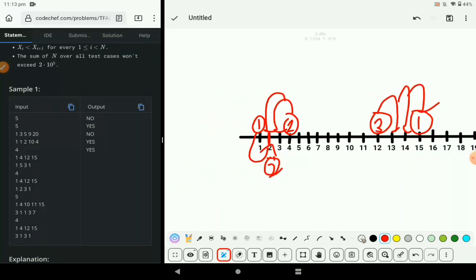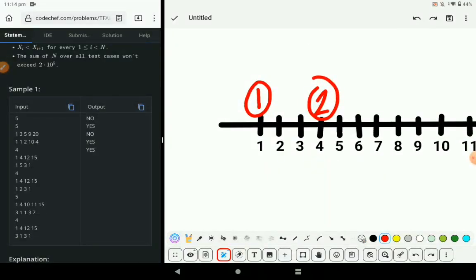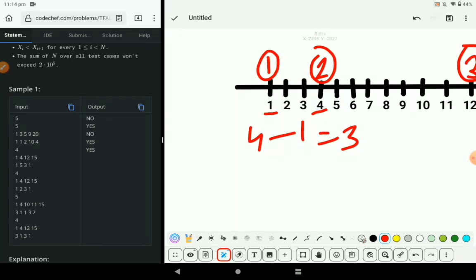So basically how will we know how the balls are being collided? What we will do is take a difference of the right index from the left index. We will just take the difference: 4 minus 1 equals 3.